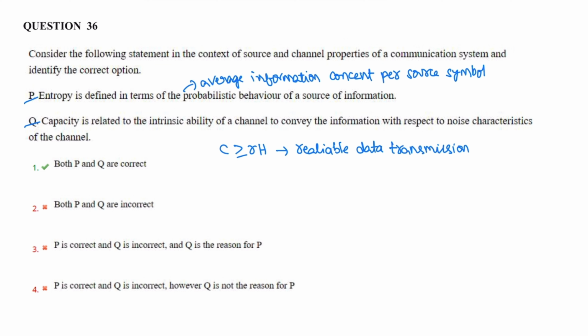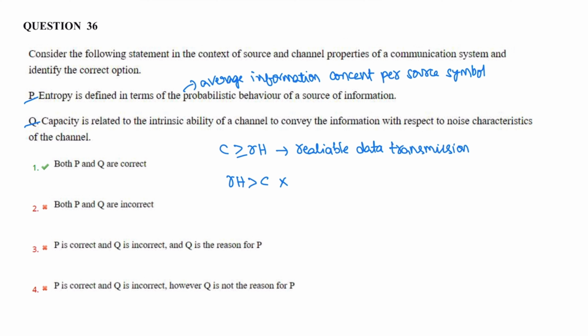The converse is, if RH is greater than channel capacity, then it is not possible to transmit messages without error. For reliable data transmission, C should be greater than or equal to RH, where R is the number of symbols emitted per second and H is the entropy of the source.